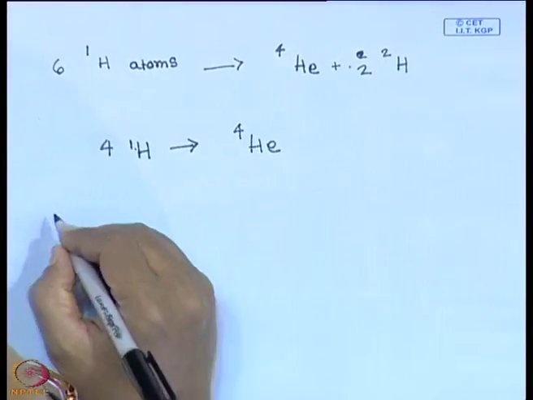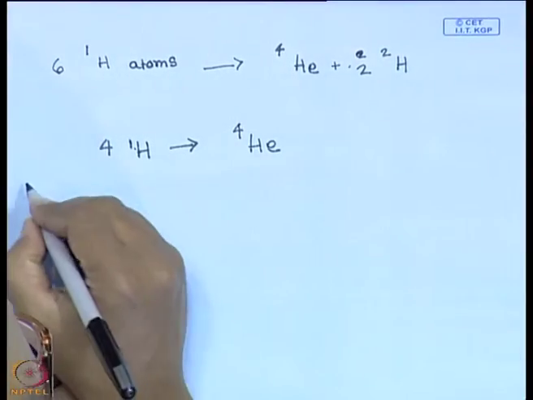Now, any such nuclear reaction, or any reaction for that matter, is governed by certain conservation laws. So, let us see what the conservation laws are here and how the reactions that we have been discussing are quite in keeping with these conservation laws. So, the relevant conservation laws over here, let me write it down.